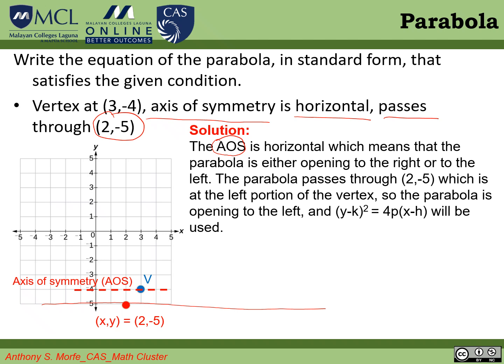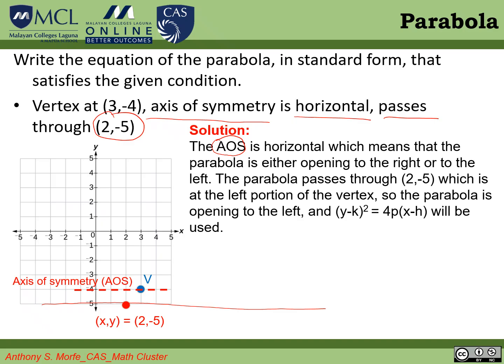And this is the vertex. So where do you think? It can be something like this, right? Or it can be something like this. Sorry. This is the vertex, class. So it should not be like that.